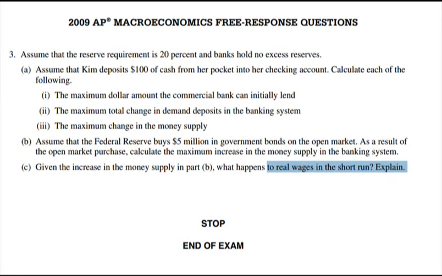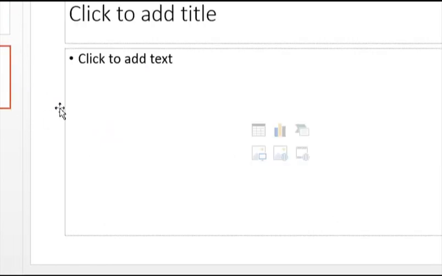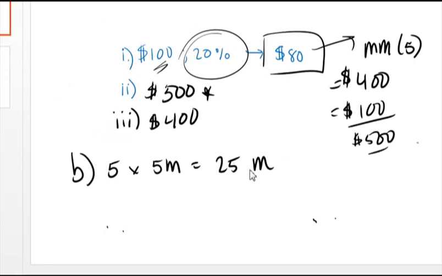All right, so this is interesting. Real wages. What graph did we study where we even can begin to discuss real wages? Okay, so what happens is now we know that there is $25 million worth of money in the money supply that wasn't there before. So now you have to visualize the money market graph.